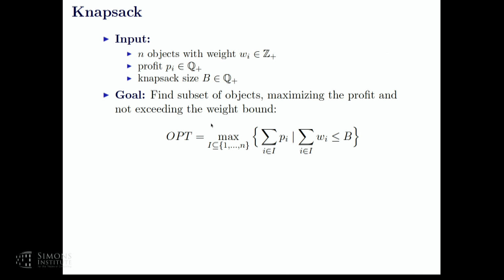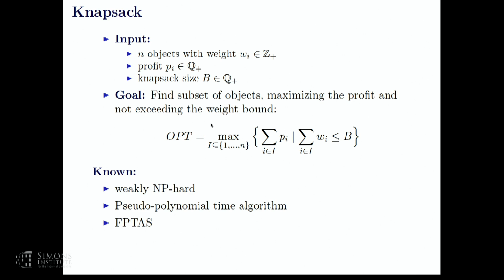Just good old knapsack. Okay, so it's a very well understood problem. It's NP-hard, weakly NP-hard to be precise. And there are pseudo-polynomial time algorithms. So if the weights are bounded by a polynomial in n, then you have a polynomial time algorithm. In particular, there's also an FPTAS for the problem.